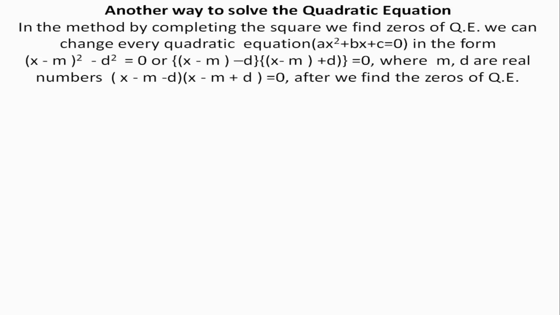So there are two factors. One is x minus m minus d, another one is x minus m plus d, equal to 0. By solving, we get (x minus m minus d) multiplied by (x minus m plus d) equal to 0. And we get the linear product form of this quadratic equation equal to zero.